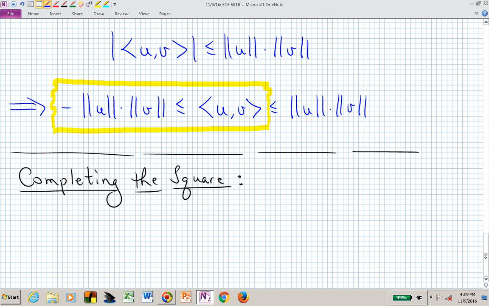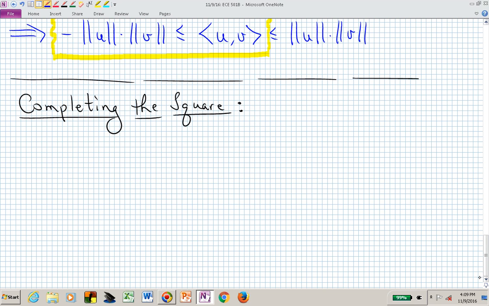What we want to talk about now is completing the square, which is the classic algebra technique that you've maybe seen. If you haven't, it's not that difficult to work through. But keep in mind this analogy that we've been having with respect to numbers and operators.